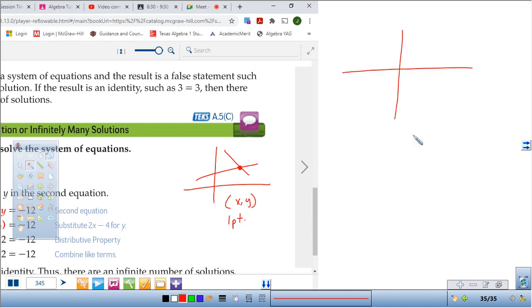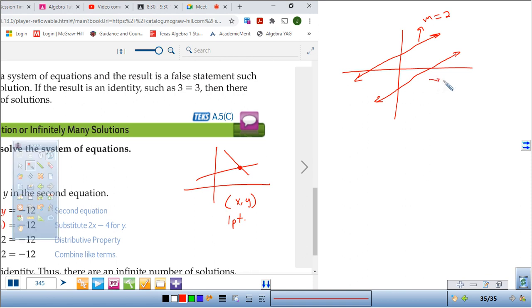If we were going to have an XY coordinate grid and I had a line that went like that, and we're just going to say this one has a slope of 2. And I had another line going like this. I'm trying to draw them exactly the same, parallel, right?